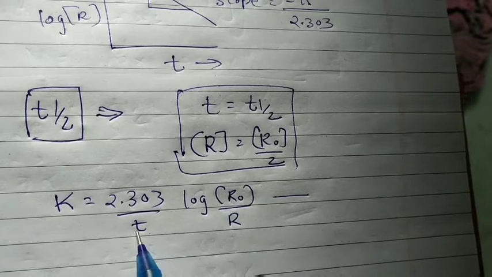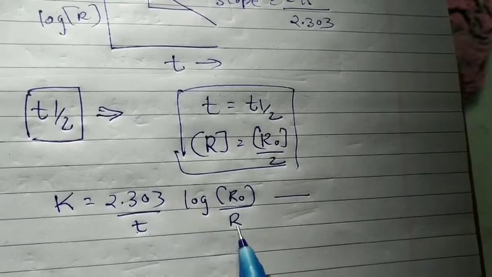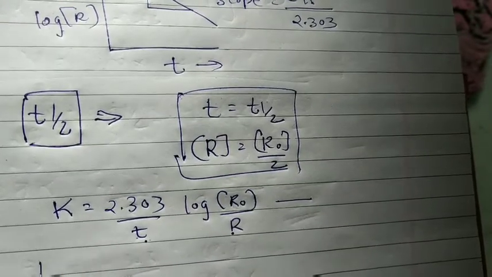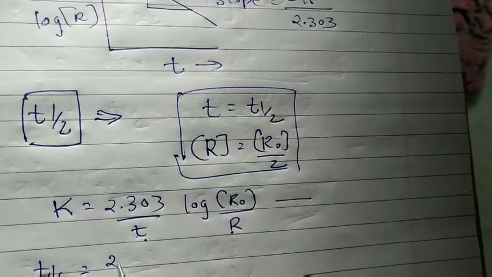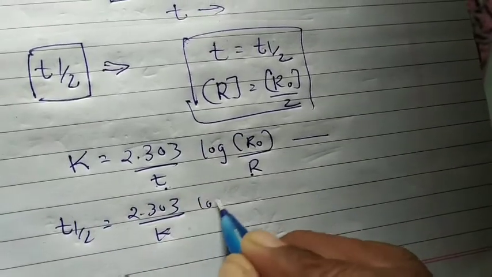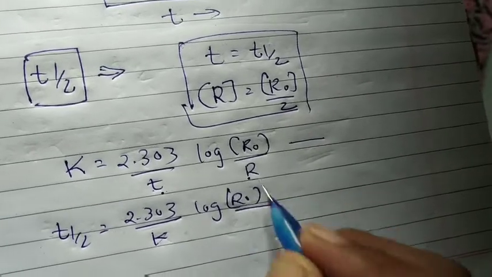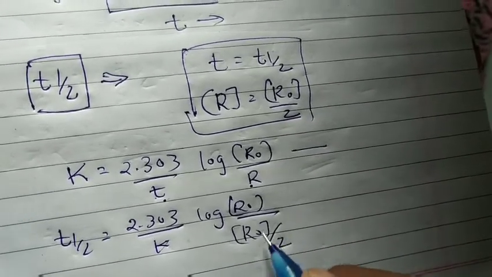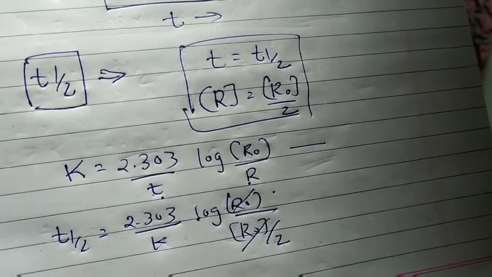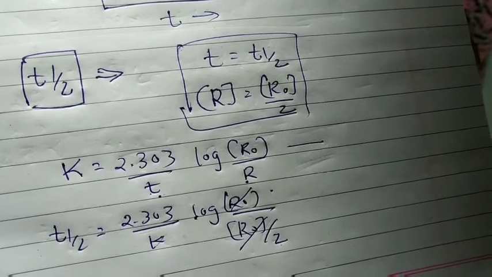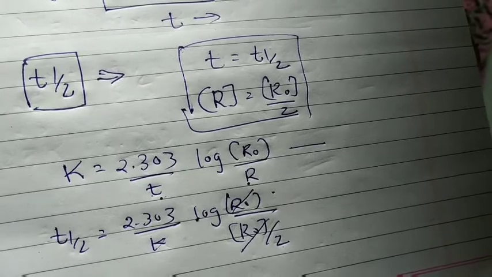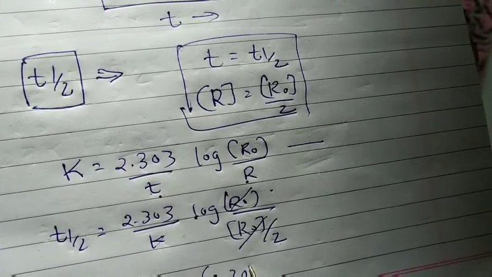For t we write t half, and for r we write r0 by 2. So t half is equal to 2.303 by k, k will come down, log r0 by r0 by 2, so r0 cancels and log 2 will come. So t half is equal to 2.303 by k times log 2, which is 0.3010.